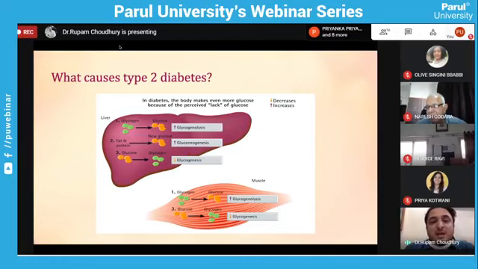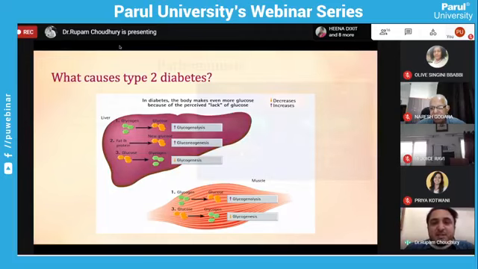So glycogenolysis increases, gluconeogenesis increases, and glycogenesis decreases. Although we have a lot of sugar in the blood, the liver again produces more glucose. It's a fake signal that peripheral tissues give to our brain, and other hormones come into play, and the liver secretes more glucose, leading to more hyperglycemia in our patients.